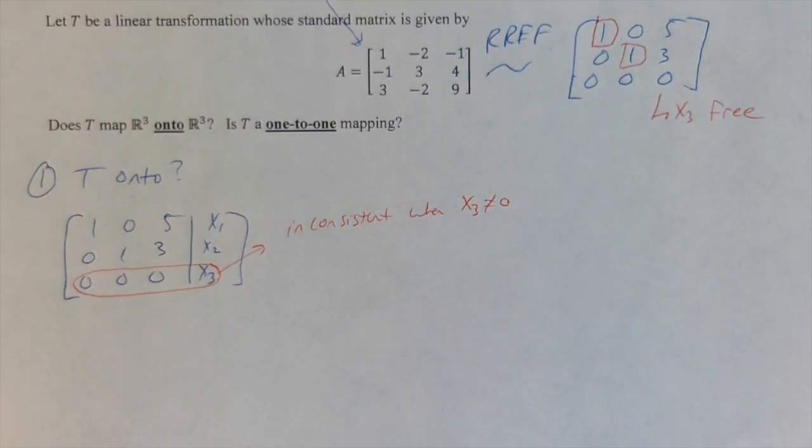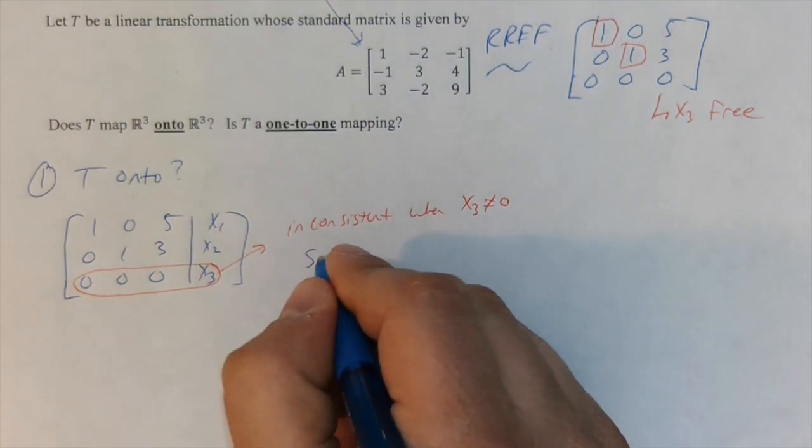And so, in other words, since row 3 has no pivot, it's not onto. So let's just write that down.